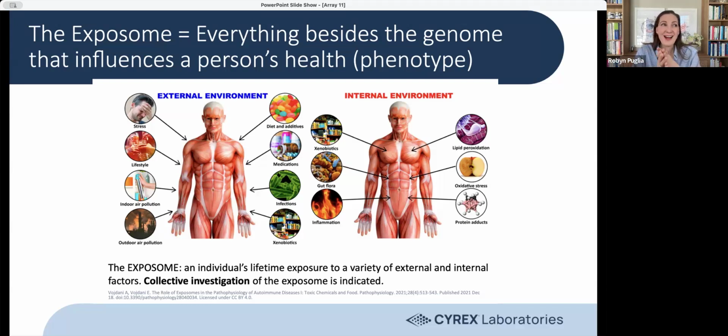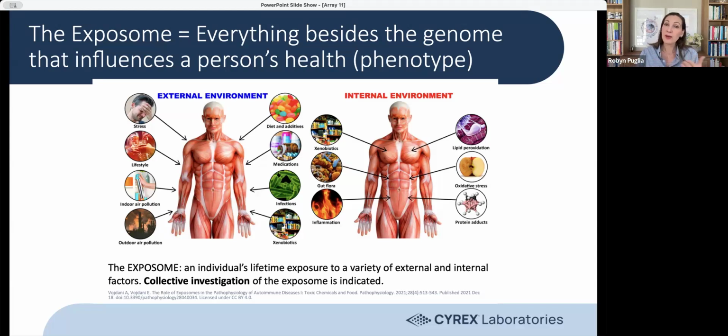So the study that taught us that there are more than 200 different chemicals in the cord blood of a newborn was actually more than 20 years ago. I mention that because, of course, the exposure happens all the way through from when the mother was in utero, right?